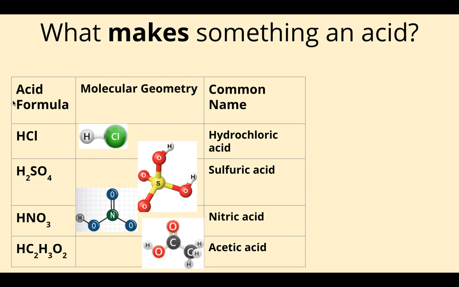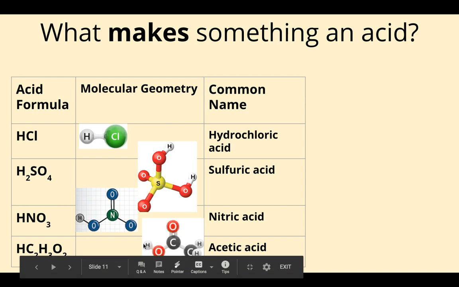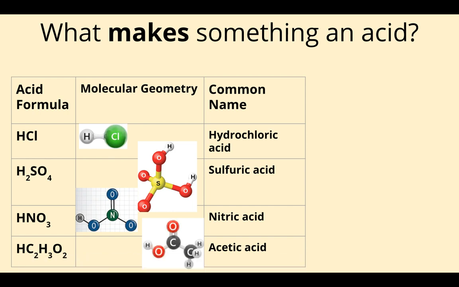Okay, if you're looking at the formula or the geometry, one thing I hope is jumping out at you is the hydrogen atoms. They all have at least one, if not more, hydrogen atoms sticking off, jumping out of the molecule. And so, what would happen to these if they were dissolved in water?